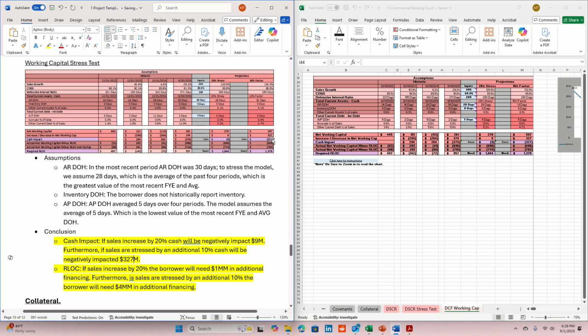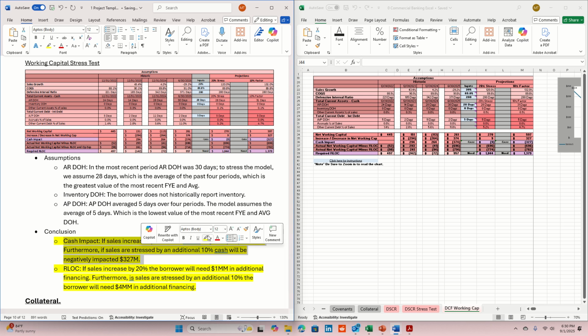And I'm pulling that from this side, guys. Remember, we added a 10% factor here, and then we ended up with $327,000 less. Look at the purple cells. What row is it in? It's in the cash impact row, and it's purple. And then it's in the 10% factor column. So that's how we did that.